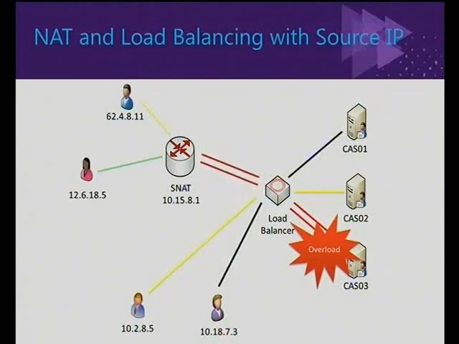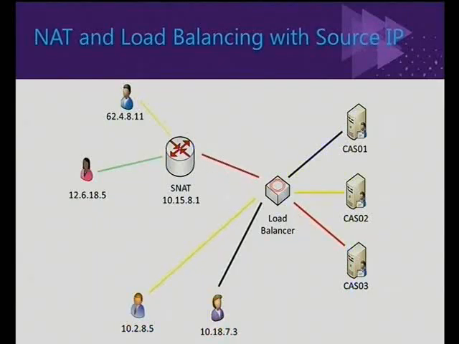So if we have NAT and we only have source IP as a persistence type, such as Windows Network Load Balancing, for example, or a load balancer that only supports that persistence method, we will see an overloaded server inside of our CAS server array versus an equitable distribution of traffic across all servers. So clear on the concept of why NAT causes an impact in our persistence types?